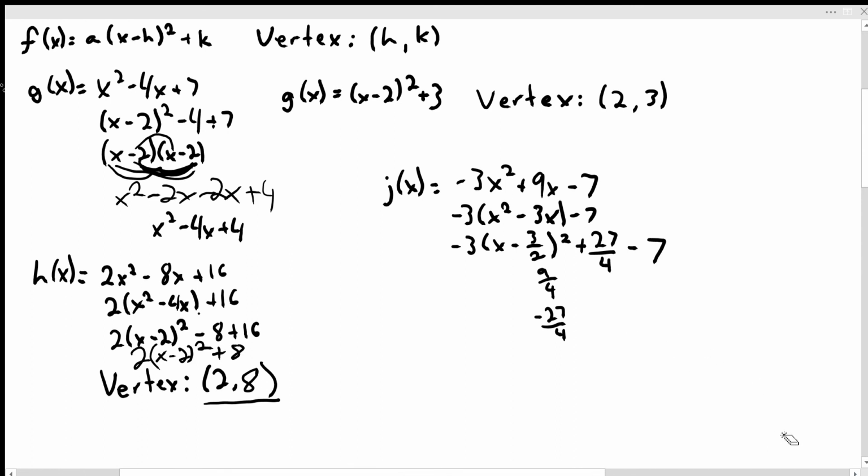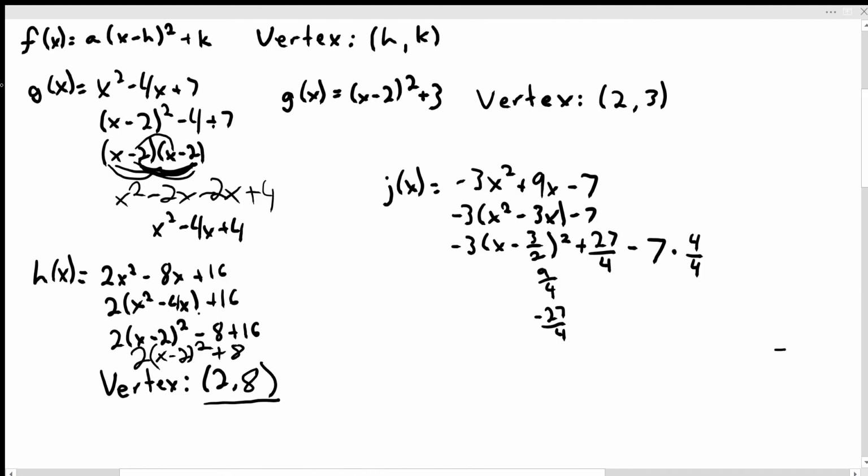So if we want to simplify this, we need to turn 7 into another fraction that we can add. So let's multiply our 7 by 4/4, which is the same as 1. So when we do that, we'll get minus 28/4. So we'll have 27/4 minus 28/4, which is just negative 1/4.